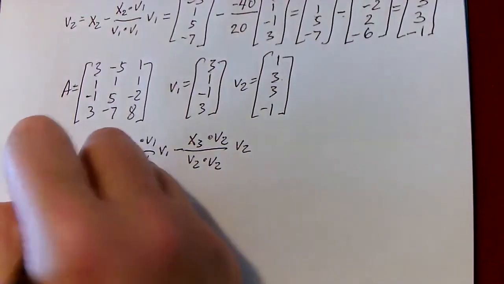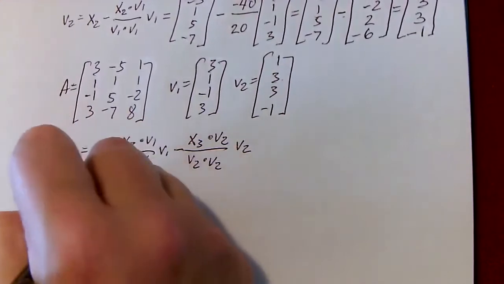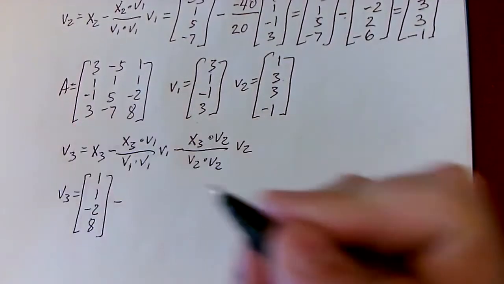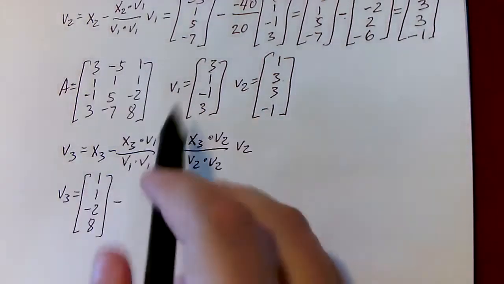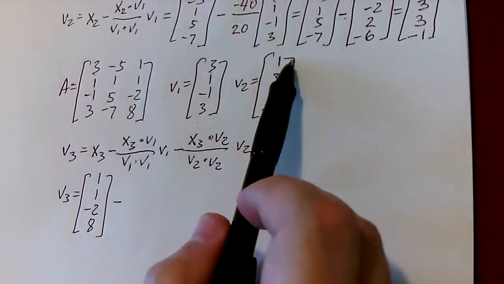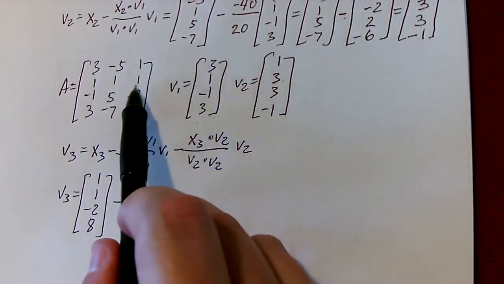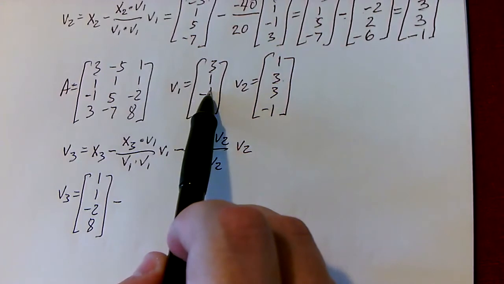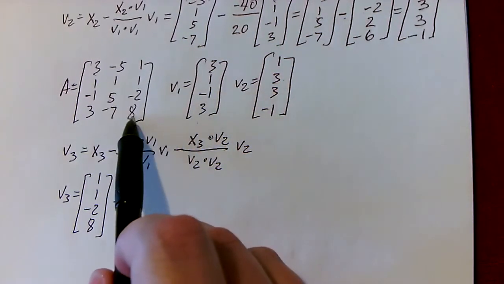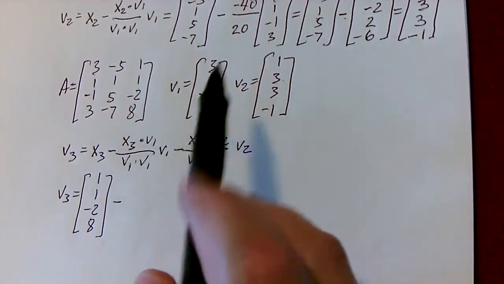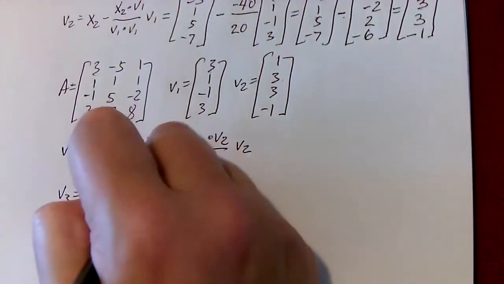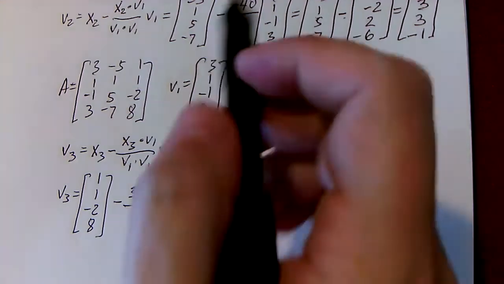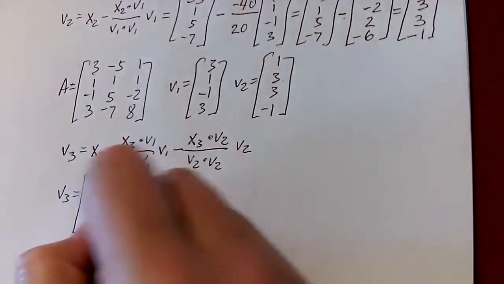V3 is going to be X3, which is 1, 1, -2, 8, minus X3 dot V1. I've got my X3 here. 1 times 3 is 3. 1 times 1 is 1, that makes 4. -2 times -1 is +2, so I'm up to 6. 8 times 3 is 24. So 6 and 24 makes 30, divided by V1 dot V1, which we found in the previous part of the problem. It was 20, so it's still 20.